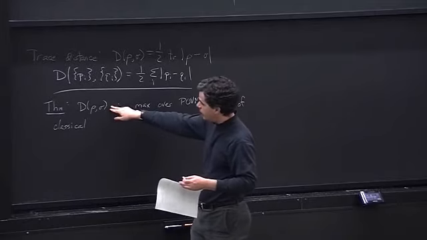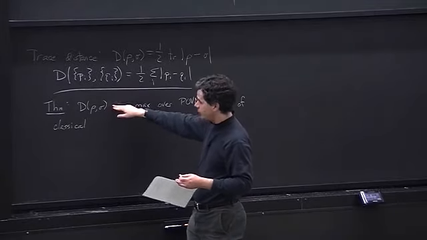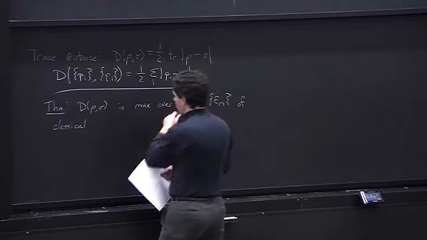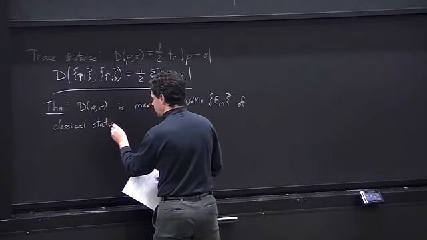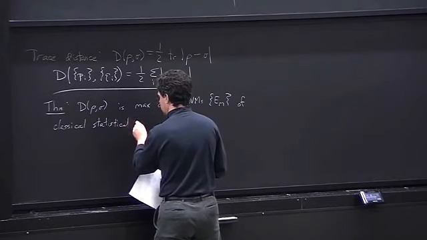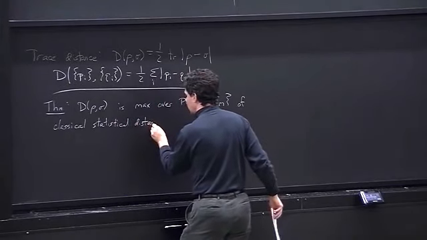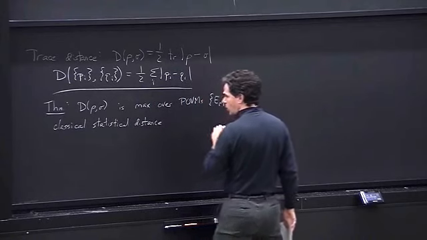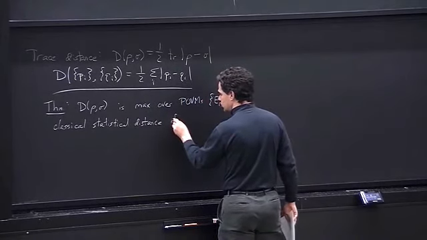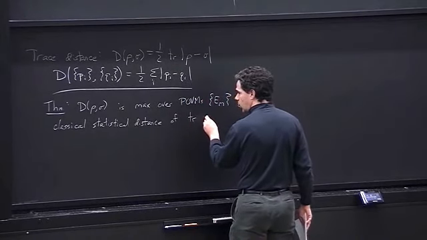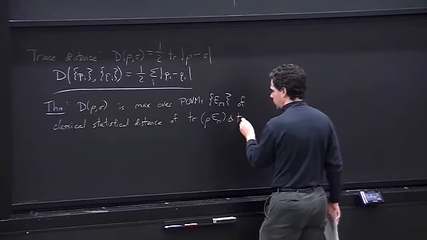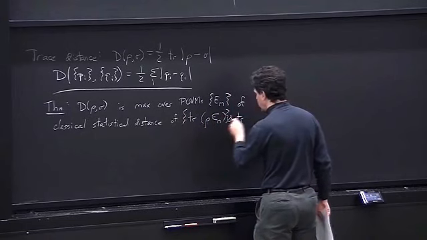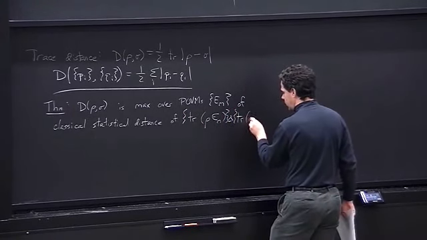And this quantum trace distance is equal to the maximum over POVMs of the classical statistical distance between those output probability distributions. So what are they? They are trace rho E_M, which is some probability distribution, and trace sigma E_M.